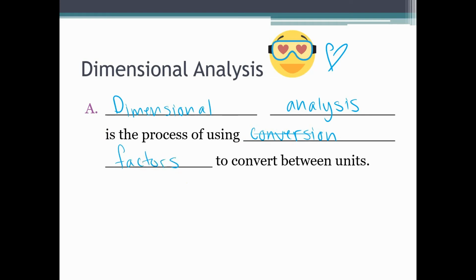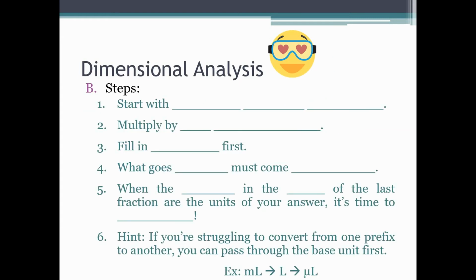And this is a process that might take you a little bit to really get comfortable with, but it's a pretty standard process. We have the same steps we're kind of going to go through every time, and if you start to repeat them to yourself in your head or even out loud as you do them, you'll start to sort of get the rhythm of how dimensional analysis works.